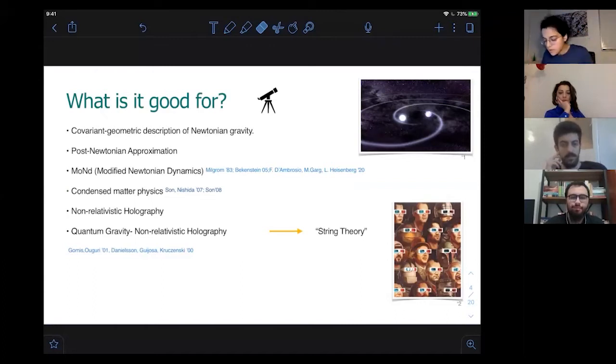The first field where we see non-relativistic symmetries is the post-Newtonian approximation. I think it's great that we saw gravitational radiation in our decade. It's fascinating. It's amazing work done by experimental physicists. And gravitational radiation is a crucial prediction of general relativity, as we all know.